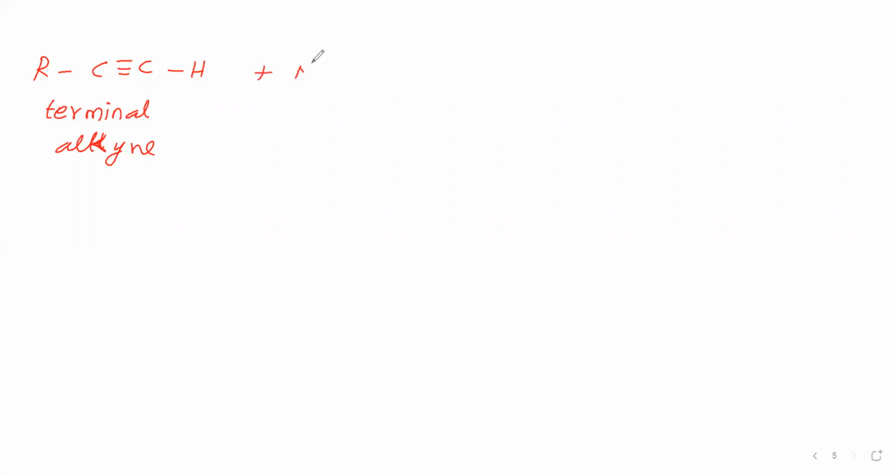Now we will add alkali metal. The alkali metal gives an electron and becomes an alkali metal ion. This electron is taken by this hydrogen. This bond is shifting to this side. Therefore, we are getting R, C, triple bond C. This bond pair becomes a lone pair now, and carbon gets a negative charge.